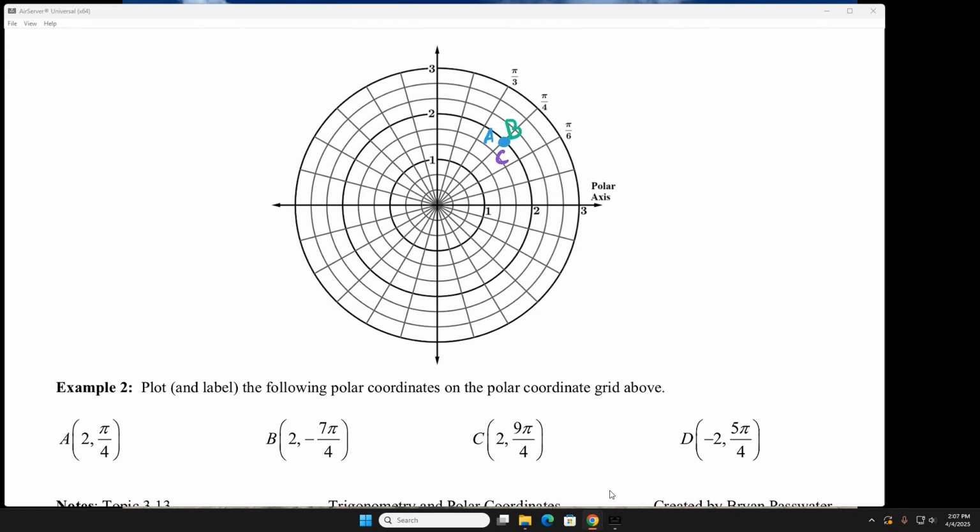And probably the most difficult ones to do are when the r is negative, because it's just kind of different. When r is negative, instead of starting here for your rotation, you're going to start here. From here, we're going to rotate 5 pi over 4.